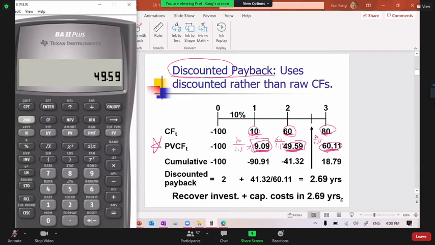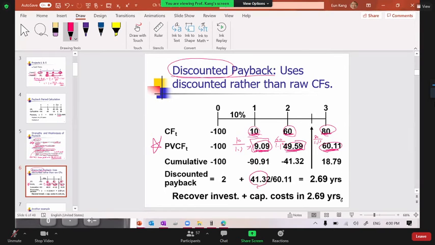Then what? 41.32 is left, and you have 60.11 available in year 3. So divide by that, and it is 2.69 years. So this is better than simple payback because this one takes the time value of money into account. But this is not actually accurate, right? And there is some inconsistency. That is what?